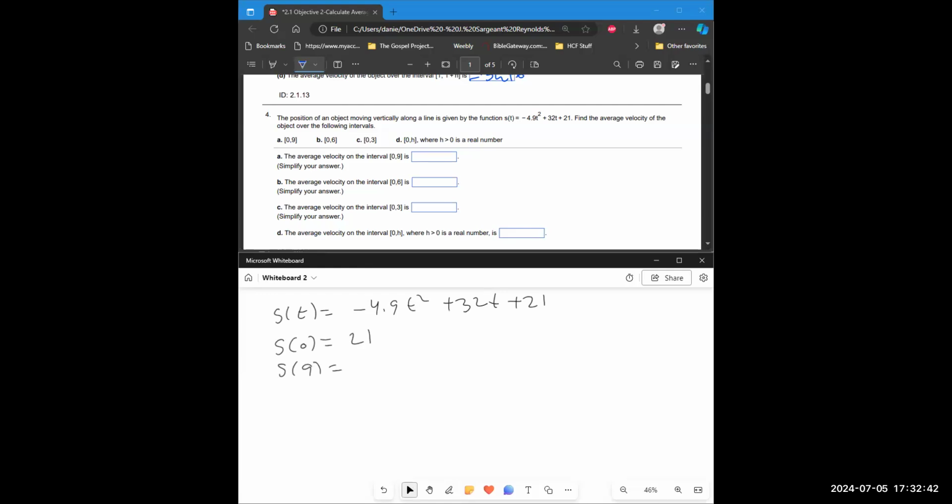S of 9 is going to be negative 4.9 times 81 plus 32 times 9 plus 21, which is negative 87.9. It's negative 87.9 minus 21 over 9, which is negative 12.1.